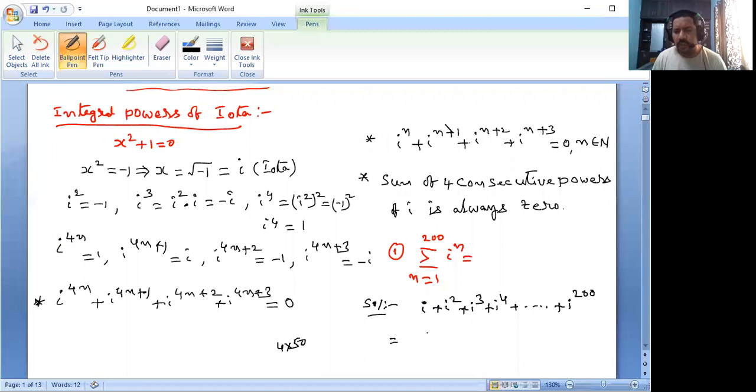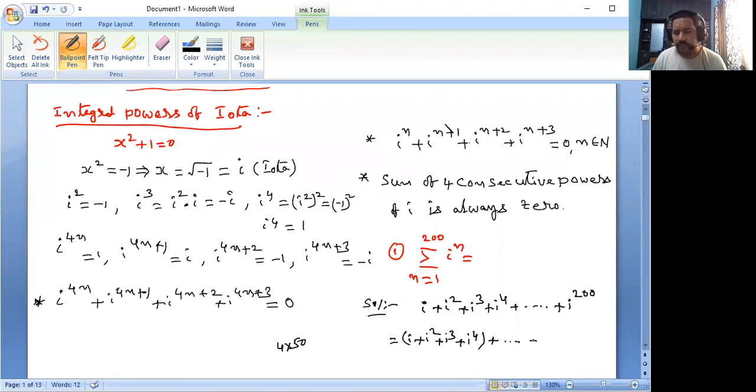So i plus i square plus i cube plus i power 4 is 1 unit, plus i power 5, i power 6, i power 7, i power 8, take as the second unit, like that.